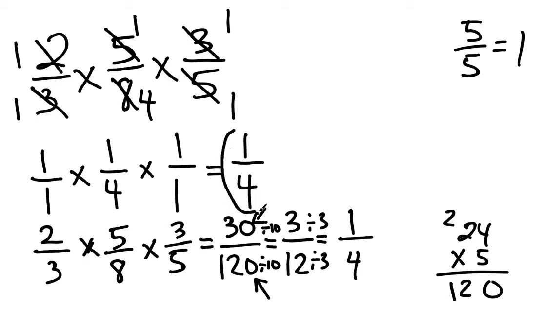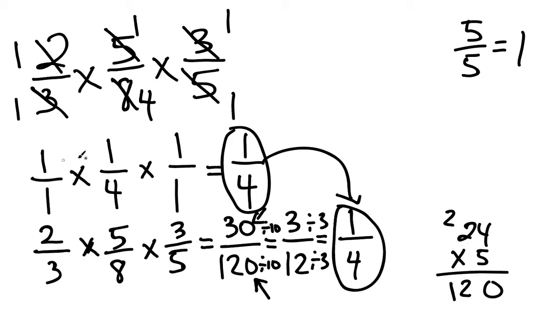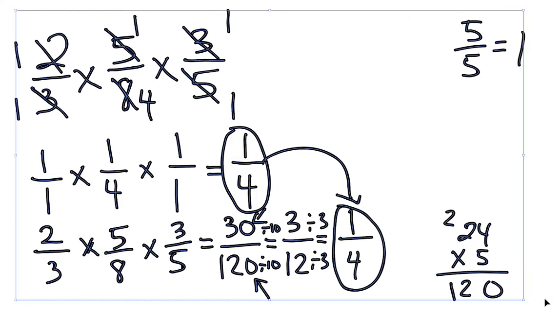I get the same answer that I did over here, but I was able to simplify it in the middle of the problem instead of at the end of the problem. Okay? It's called canceling, but it's really just simplifying before you get to the end of the problem.